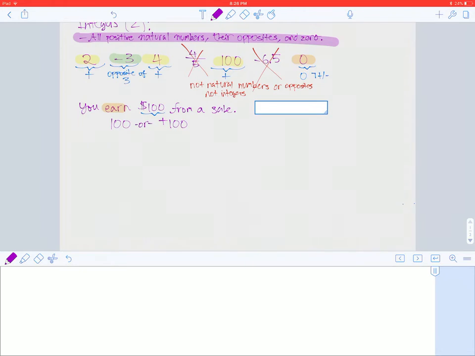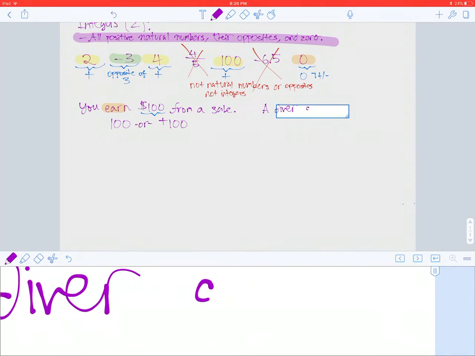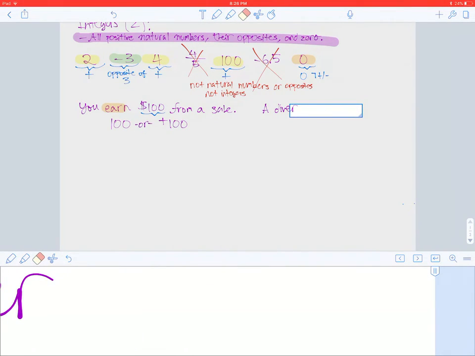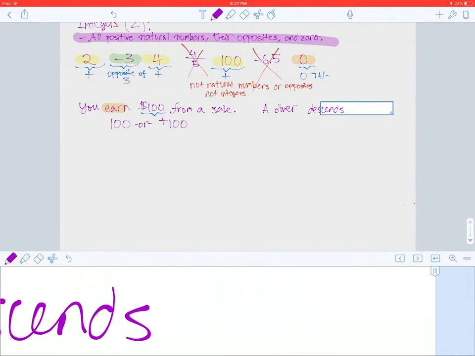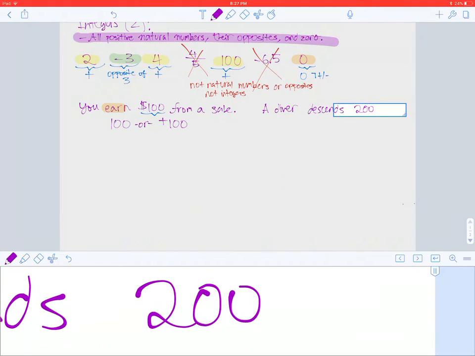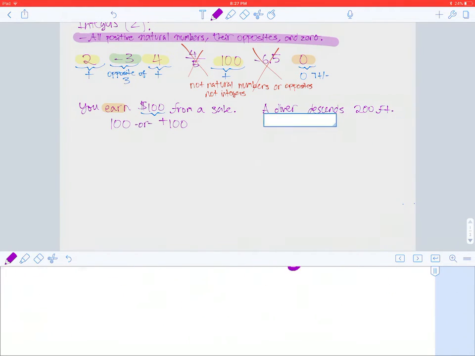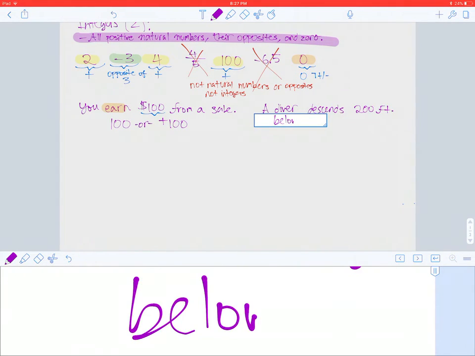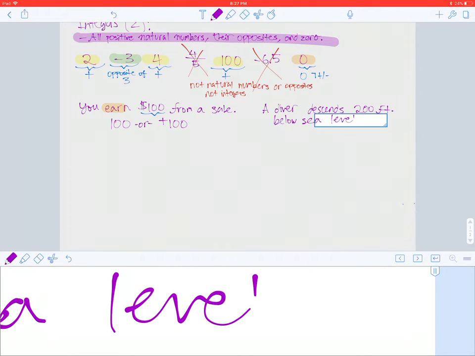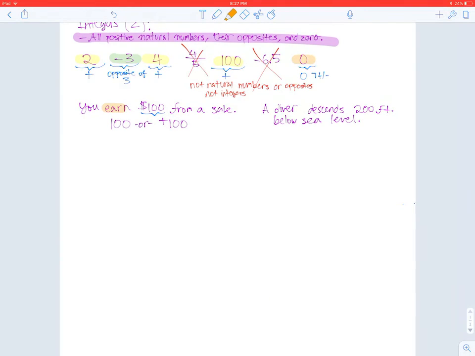So this time, what if we said that a diver descends, let's say, 200 feet below sea level.